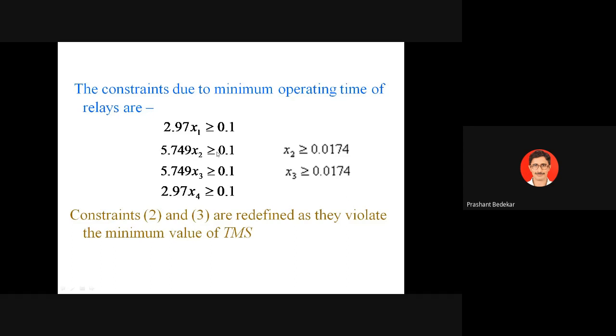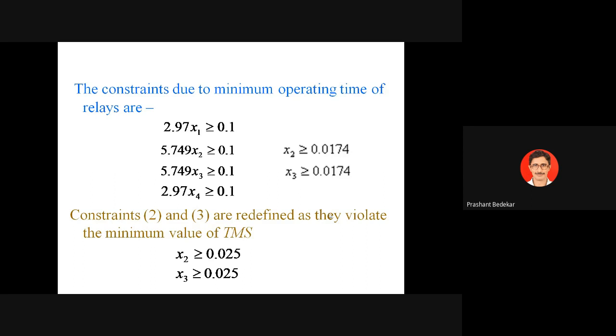Here I have taken care of the minimum operating time constraint and the TMS constraint. Because of the TMS constraint, in place of this, I will be using x2 greater than or equal to 0.0174. See, this 5.749 x2 greater than or equal to 0.1 gives me that x2 should be greater than or equal to 0.0174.